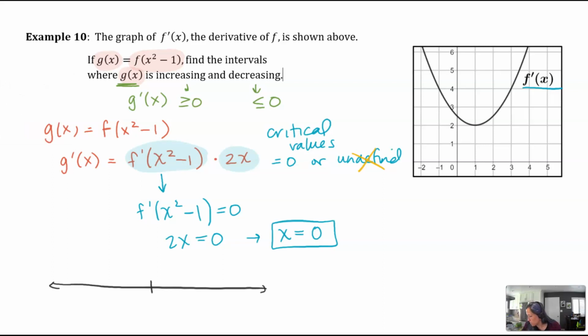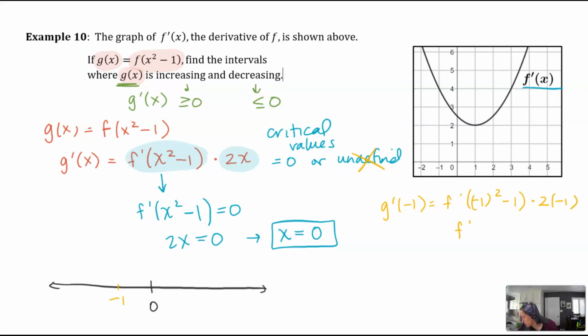So let's put in our 0, and then let's use a test point to see what happens. So we'll go ahead and test with, say, -1. So at -1, let's see what happens with our g prime. g prime of -1 is equal to f prime of -1 squared minus 1, times 2 times the -1.